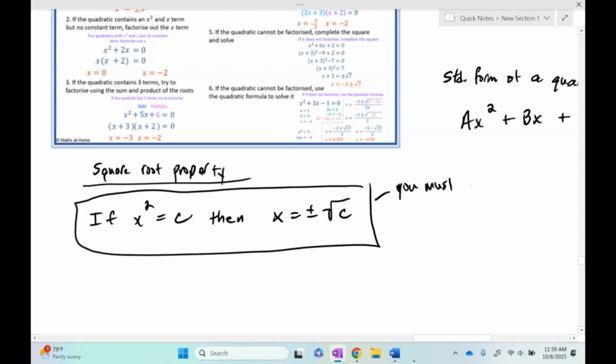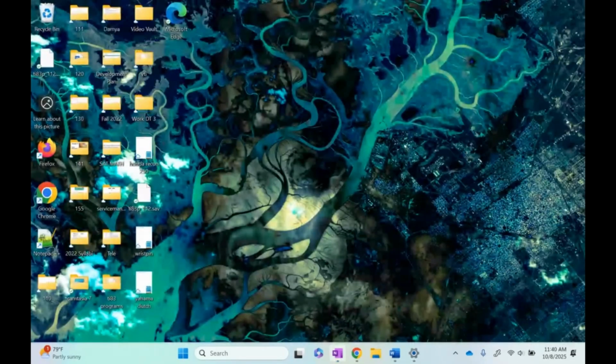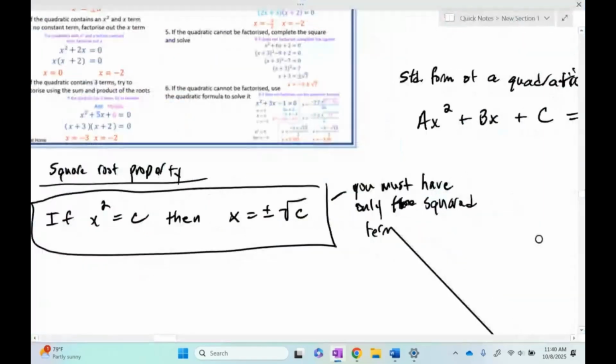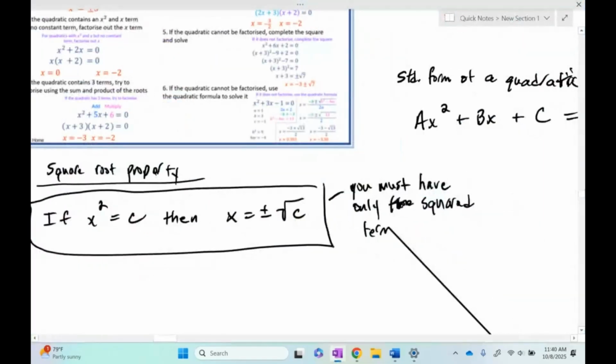You must have only the squared term and the constant. All right, so here's an example.